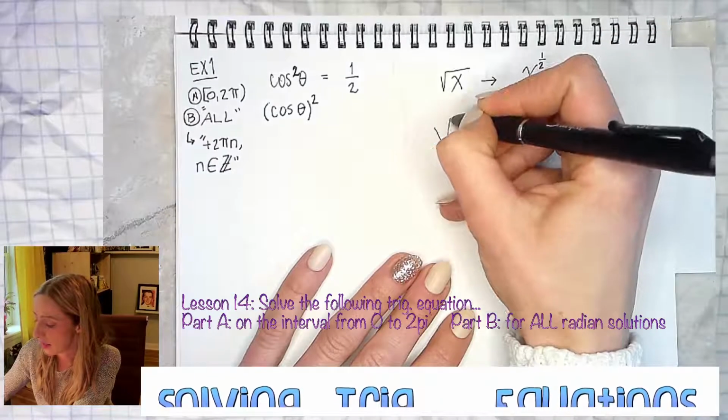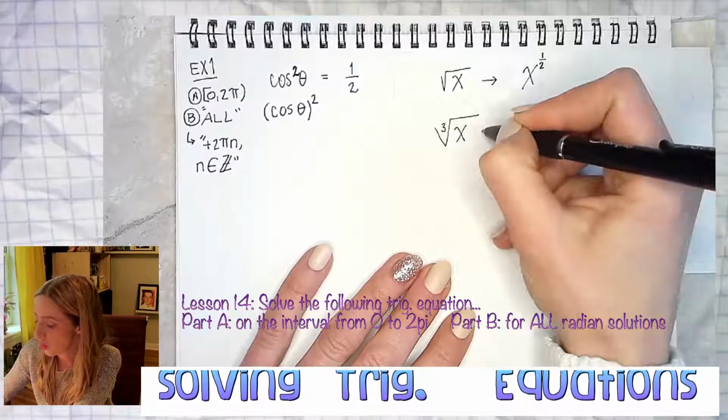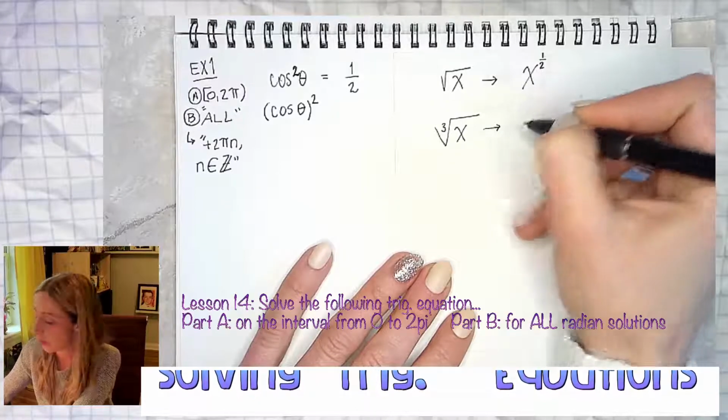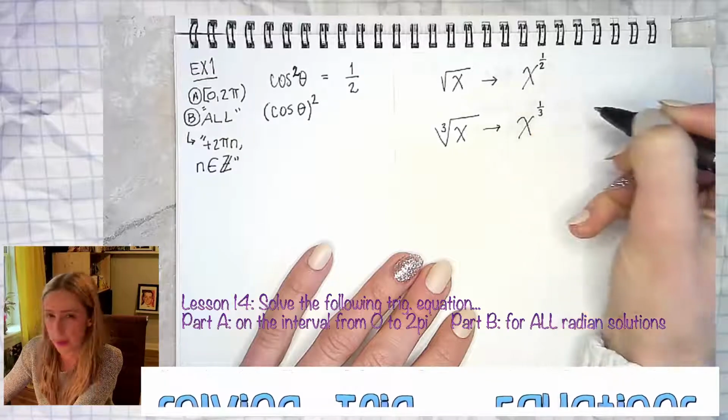That comes in handy if, for example, you had to find the cube root of something and your calculator maybe doesn't have a cube root button. Well, you take that number and raise it to the 1/3 power.